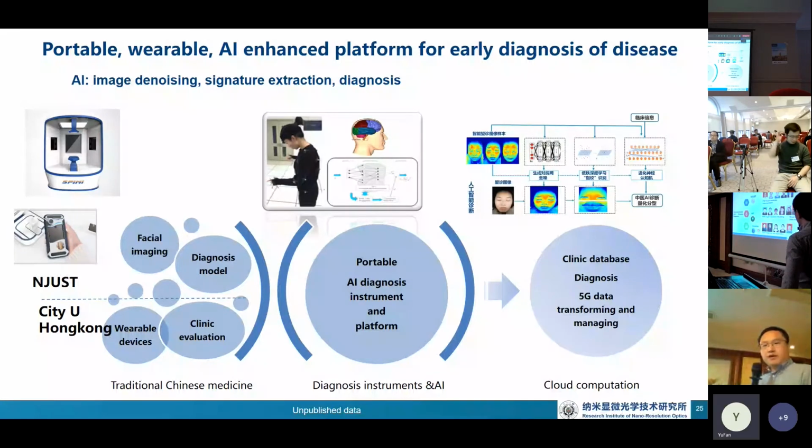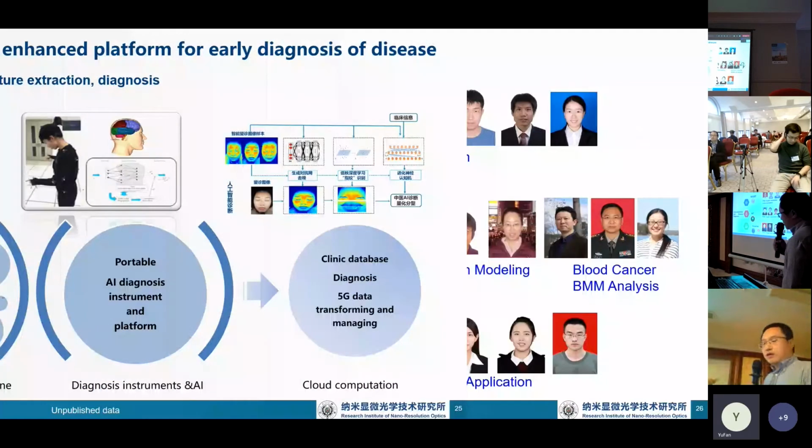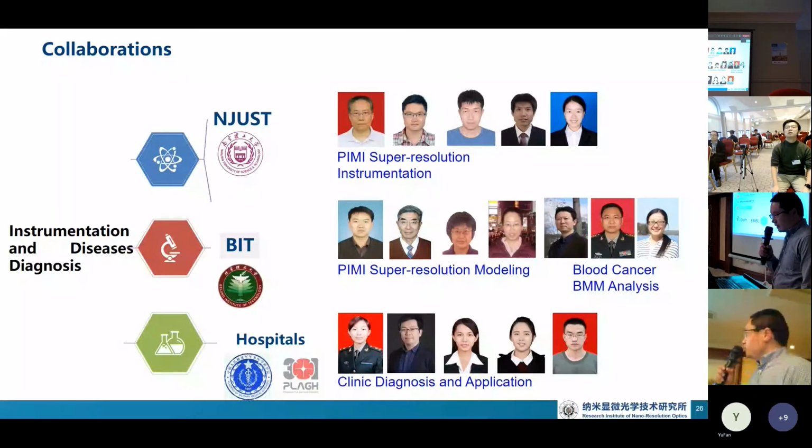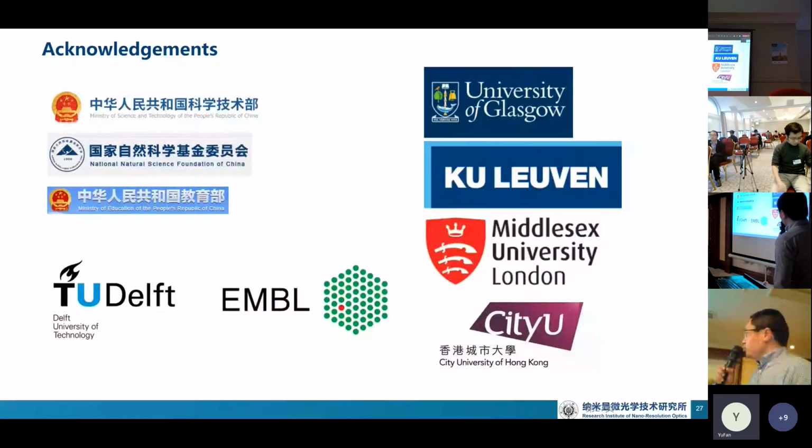Our collaborators include Professor Dong, who has already given a talk, and some hospitals. Of course, we would like to mention our funding bodies and also our collaborators, our international collaborators, especially the University of Glasgow.